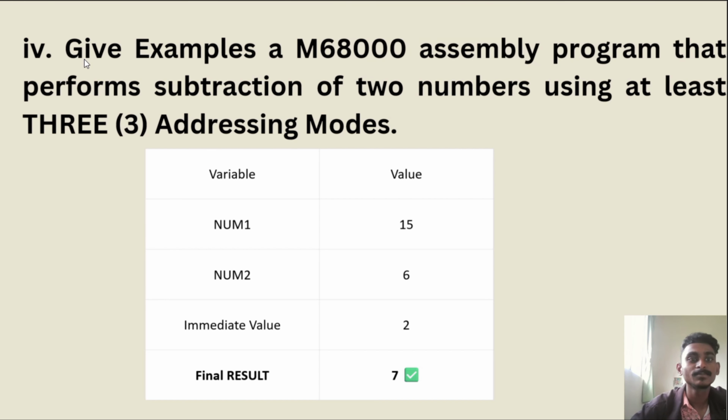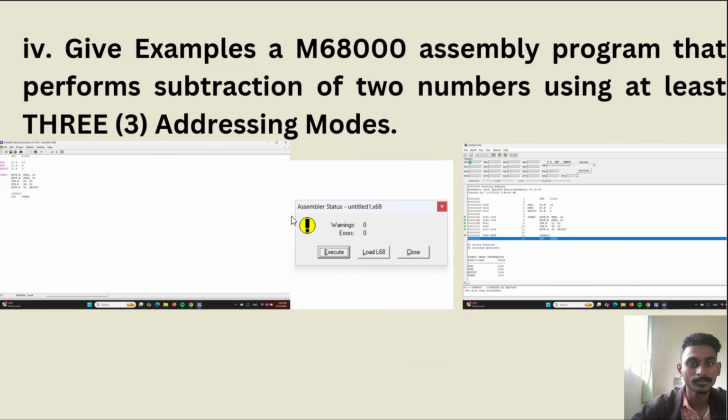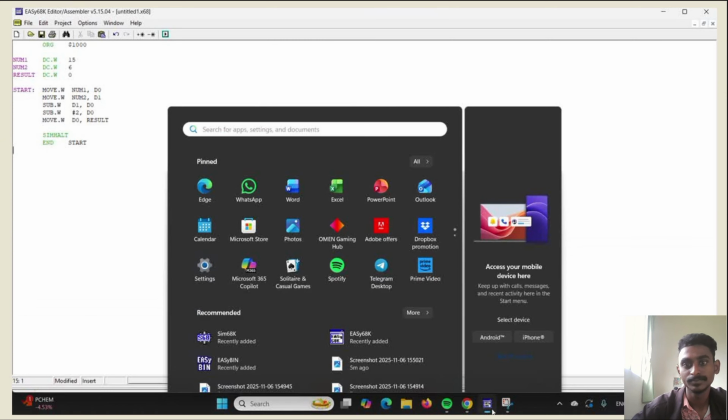And the next is an example M68K assembly program that performs subtraction of two numbers using at least three addressing modes. And this is the chart, and this is all the screenshots I did in Easy68K.